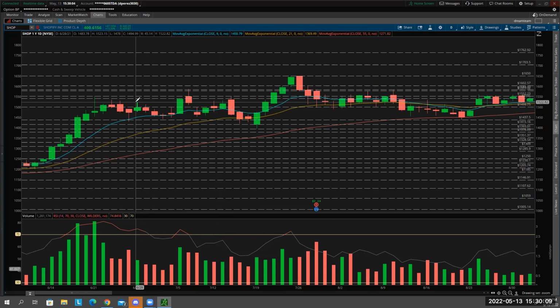Our rejection here, 1523.15. Looking around, seeing if there's a lot of support at this level. Yes, there are many supports at this level. So this was 1523.15.